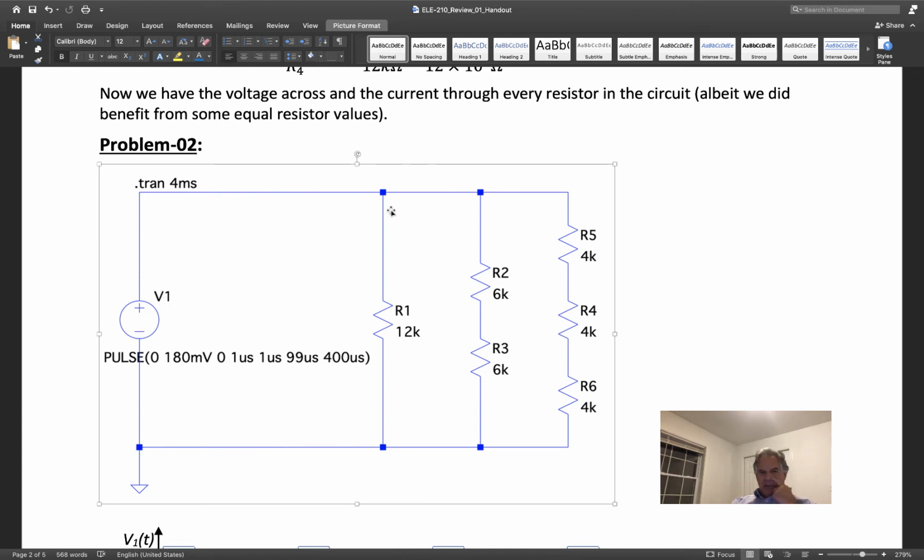And so at these two nodes, the top node, which extends from here to there, and to there, Kirchhoff's current law is satisfied because you got 45 microamps coming in, and when you look at all the exits, you got 45 microamps going out.